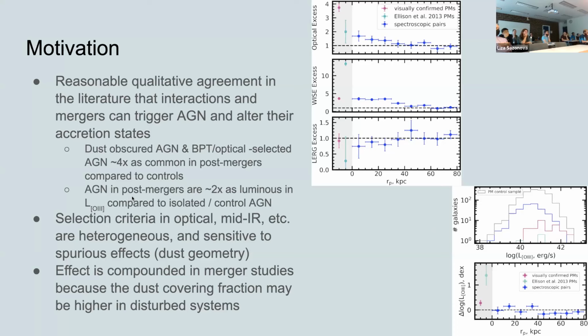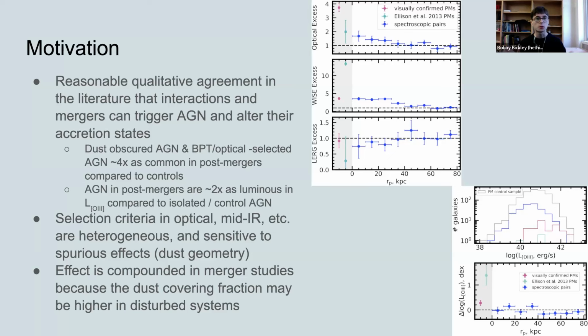And the excess that's there is with respect to? Yeah, so we match a control sample, in the case of this figure, on redshift and stellar mass. So for each target galaxy, let's say it's a galaxy interacting in a pair between 0 and 10 kiloparsecs in projected separation, we look up a galaxy that is well separated from its nearest companion, which we expect to be non-interacting, that has a similar mass and a similar redshift.